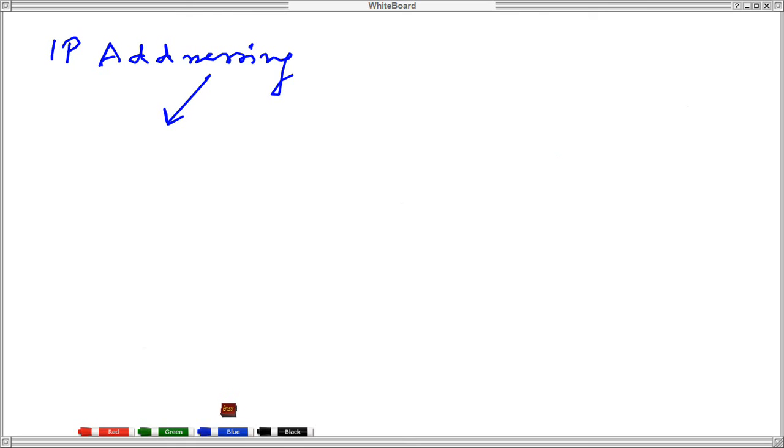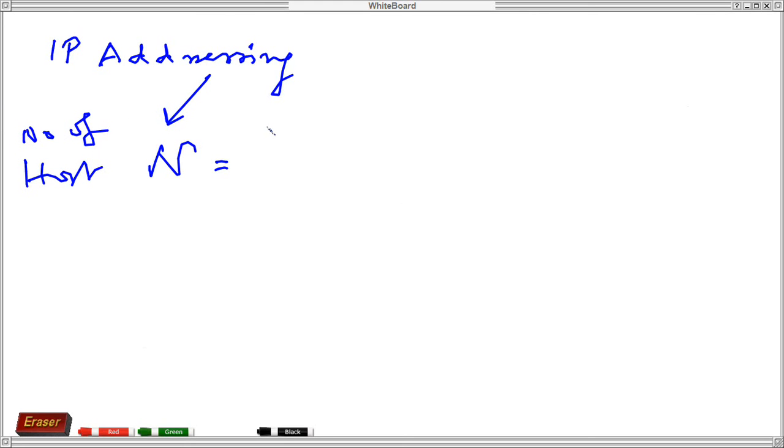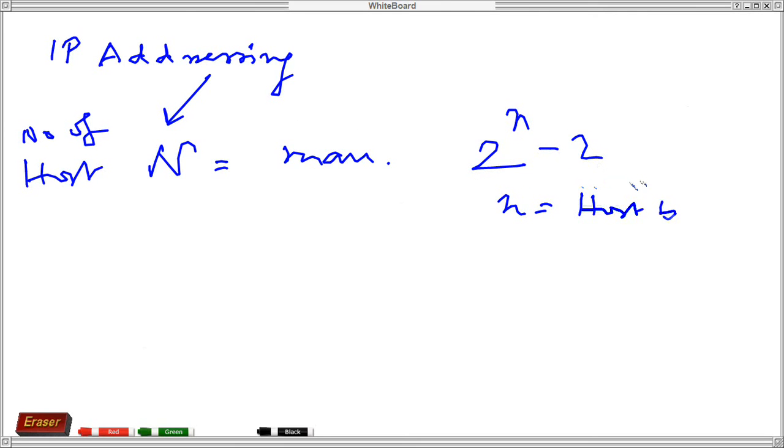Whenever we calculate, we have to take a block size which is 2 to the power n. So n, which is the number of host bits, gives a maximum of 2 to the power n minus 2 hosts, where n equals host bits. So 32 minus n is the network bits.